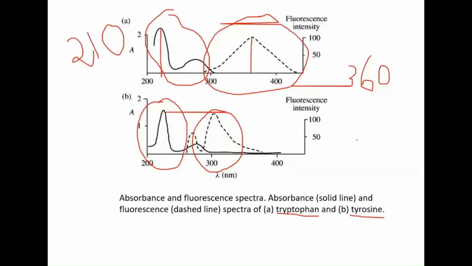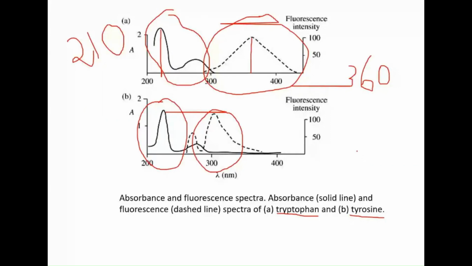When the energy is very low, the wavelength increases. That's what we studied in the first session of my lecture: lambda is inversely proportional to energy. If energy is lost during the de-excitation pathway, the wavelength that is emitted will be in the higher wavelength range, not in the lower wavelength range. That's why the emission wavelength is always higher than the excitation wavelength.